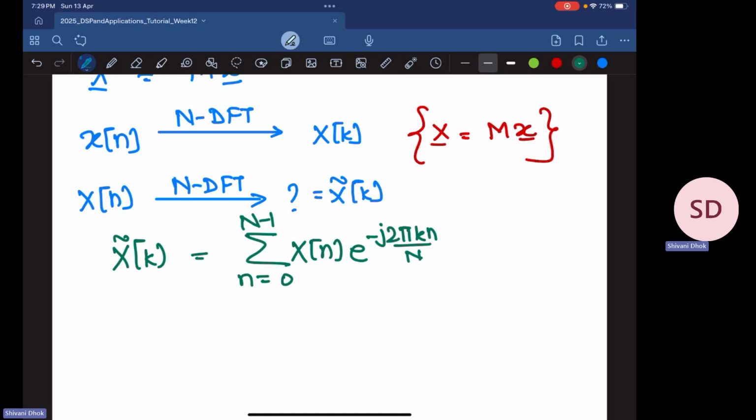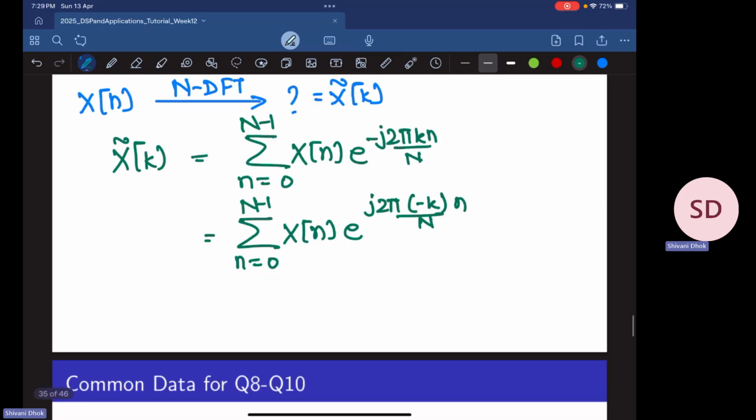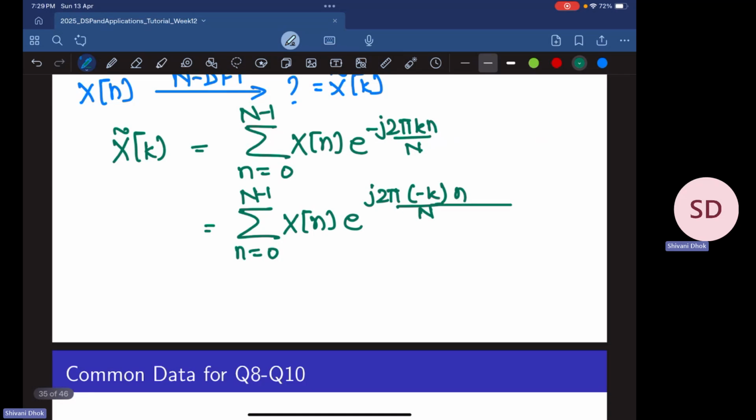Now what we can do, I can write this as summation n equal to 0 to N minus 1 capital X of n into e power j 2 pi minus k n by N. And if I add plus N, nothing happens because this simply gets cancelled and we get 1, and e power j 2 pi 1 is equal to 1.